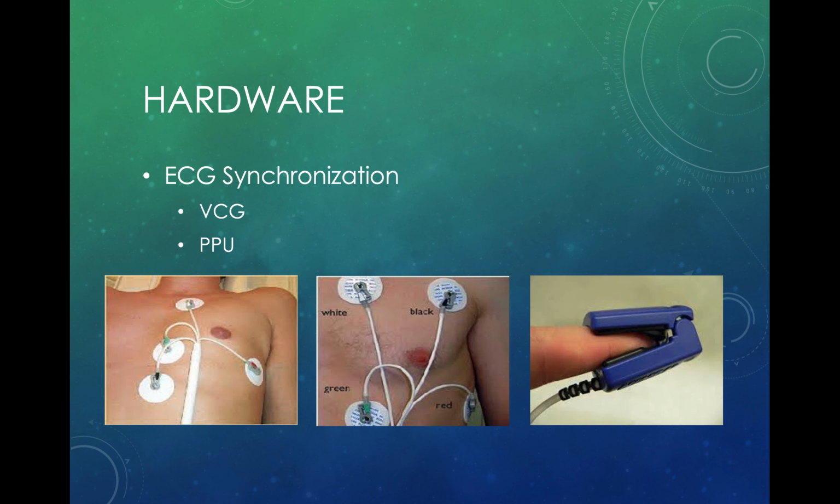But bear in mind that the peripheral pulse unit will provide you with a dome-shaped peak rather than a sharp peak in the R wave, which might make the triggering less homogeneous than an ECG. For that reason, ECG is preferred over the peripheral pulse unit.